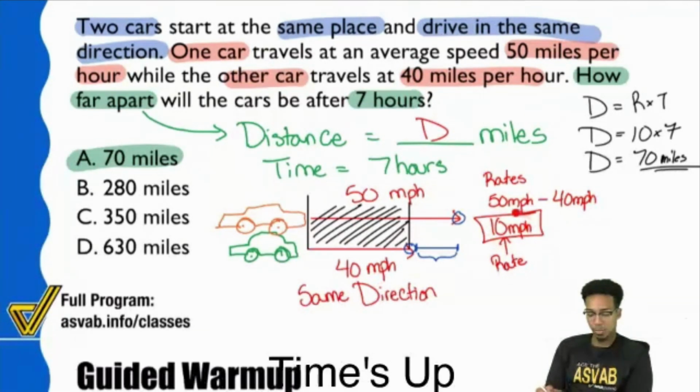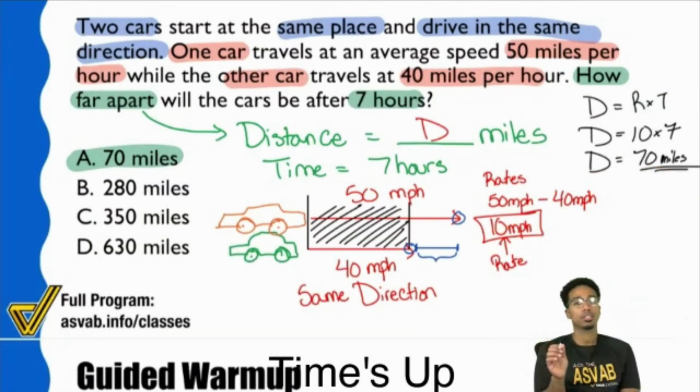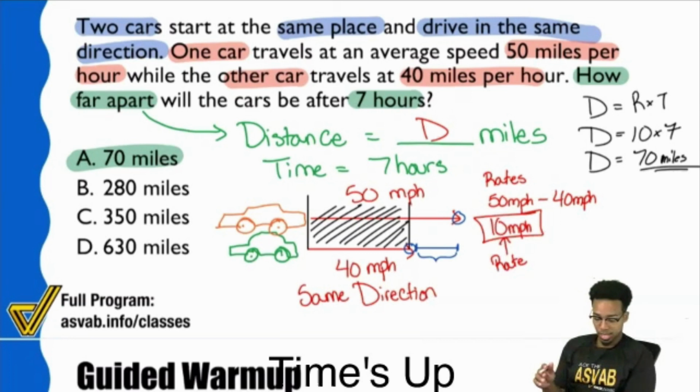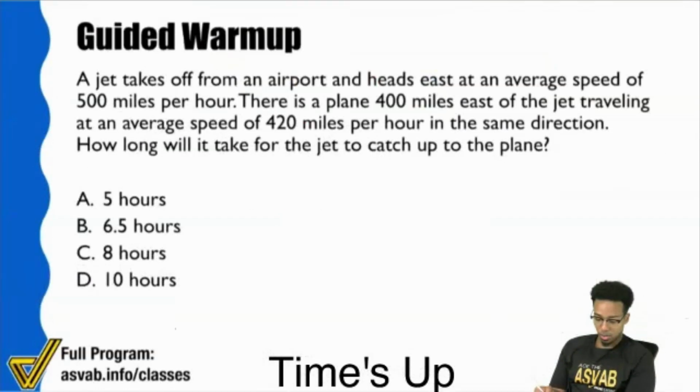We got 10 miles per hour. To get the 70, all we did was plug and chug. D equals RT. The distance we're looking for is the rate, 10 miles per hour, times 7 hours. Multiply 10 times 7, and you're done.